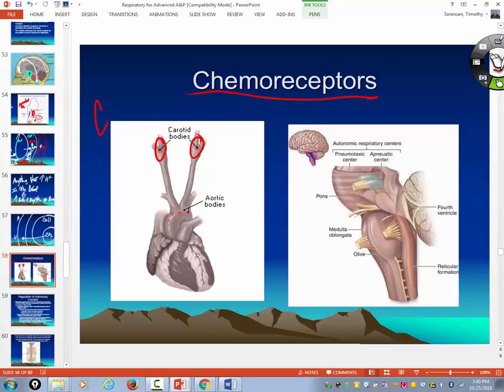Now, if you remember, I explained to you that they are sensitive to elevated PCO2 or hypercapnia, low PO2 or hypoxia, and a decrease in blood pH. And that's the same thing as saying an increase in hydrogen ions. But again, even these peripheral chemoreceptors become desensitized to that elevated PCO2 because it's chronic.